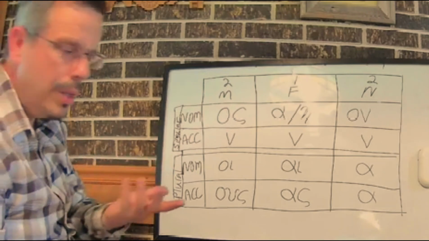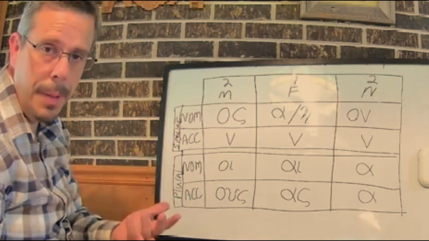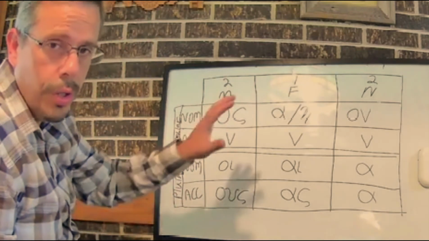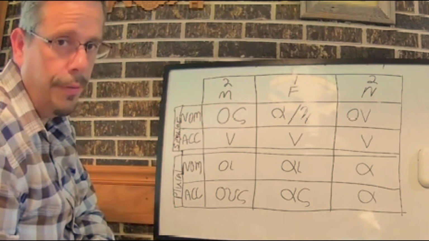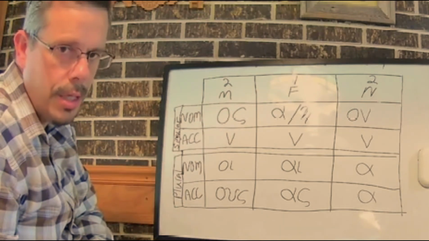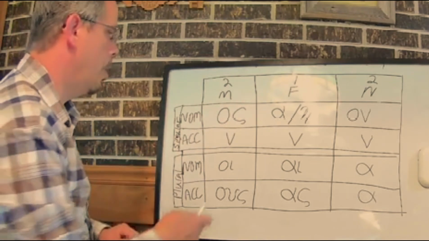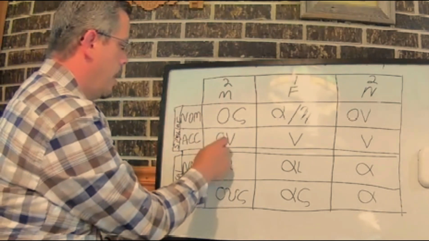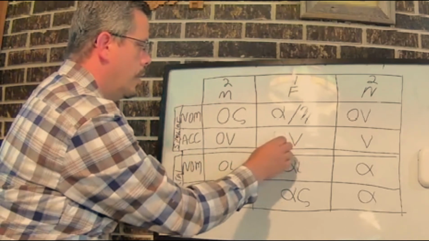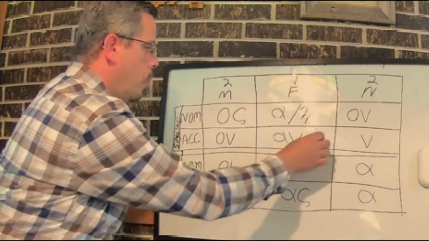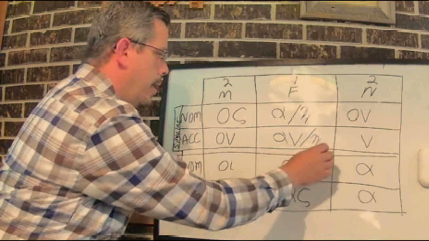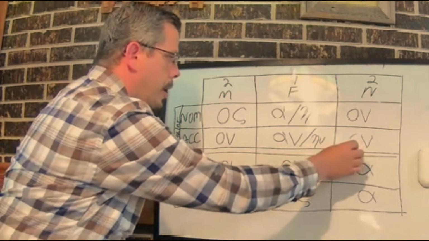How do you learn these endings? Well, for some people, it will be easiest to learn them on the chart. You should be able to fill this chart in. You need to memorize it enough to be able to fill this chart in. Oh, excuse me, I didn't add these here. This would be either on or an, and then on.